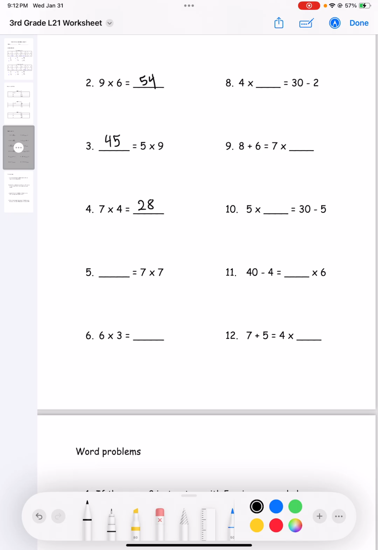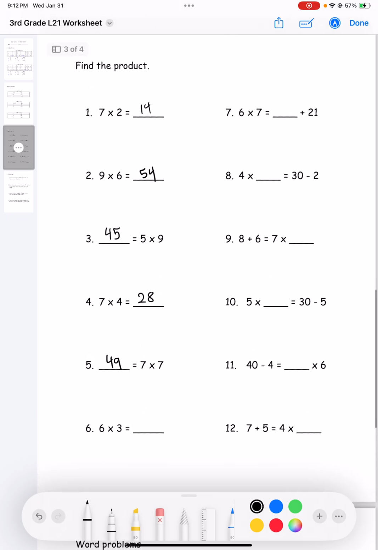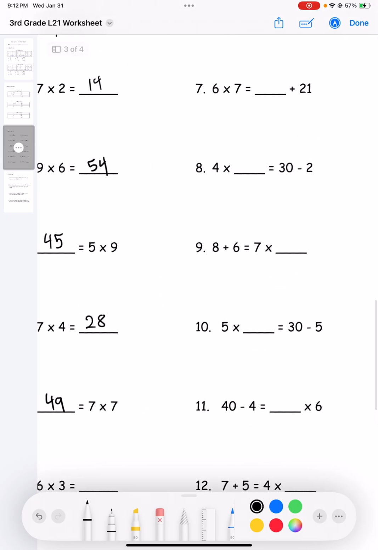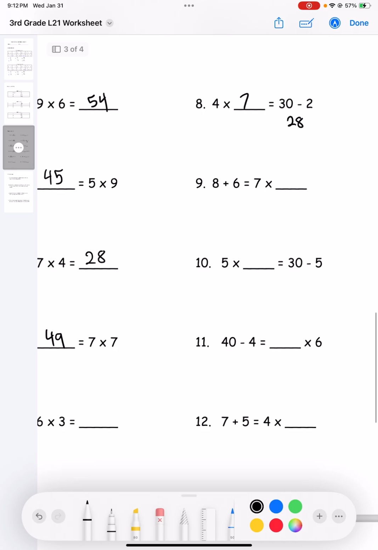Number 5, we have what equals 7 times 7? 49. Okay, let's skip to number 8. 4 times 1 equals 30 minus 2. 30 minus 2 equals 28, so 4 times 7. 4 times 7 equals 28. And then number 9, we have 8 plus 6 equals 7 times what?